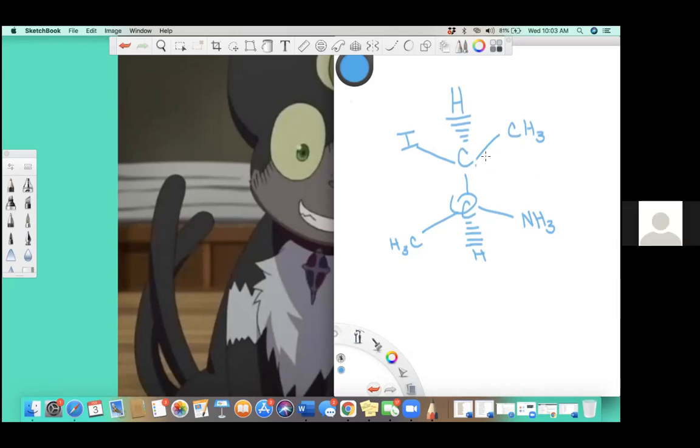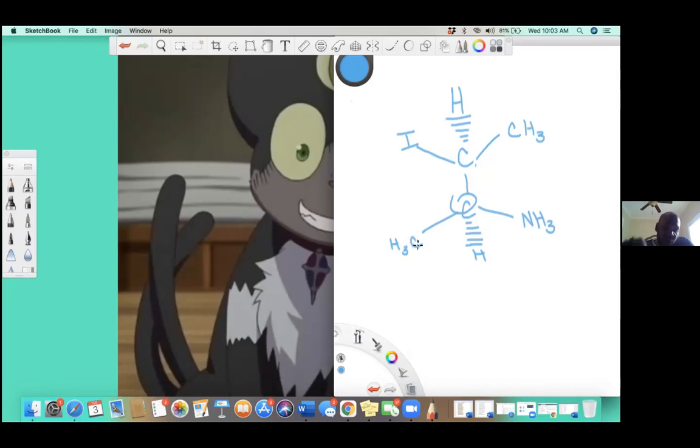So when you compare that C where your mouse is to the other C down on the bottom, the CH3, you're going to have to apply those priority rules. The carbon up top is bonded to iodine, and the carbon on the bottom is bonded to nitrogen on one side and CH3 on the other side.